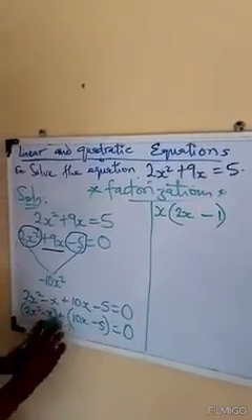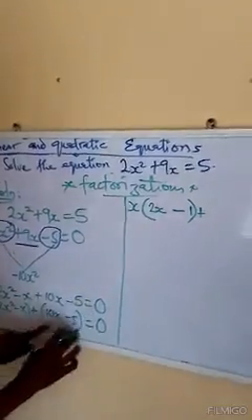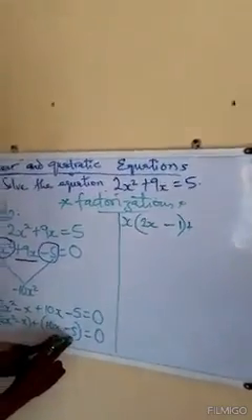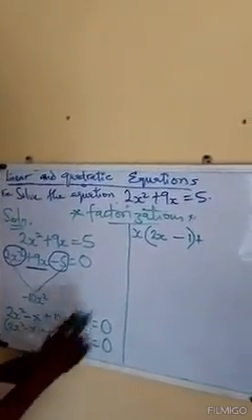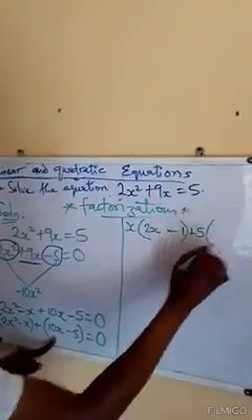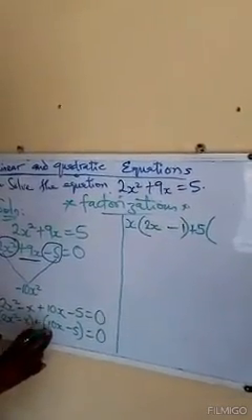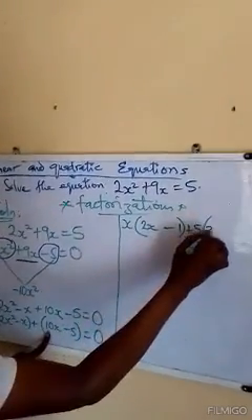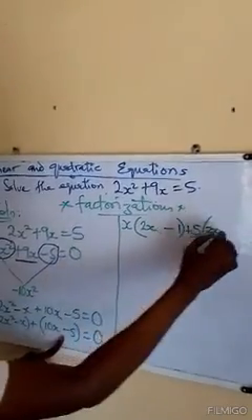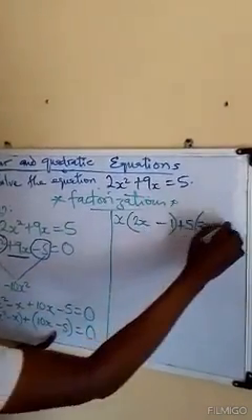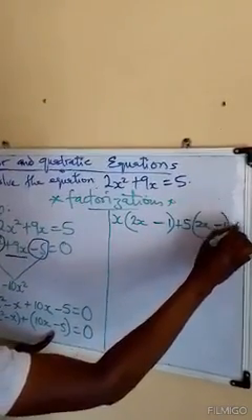Now if you look here, this plus, what's common here? 5. There's 5 here. You can get 5 in 10, so 5 is common. So you divide this 10 by 5, it's going to give you 2x, minus 5 divided by 5 is 1, everything equals 0.